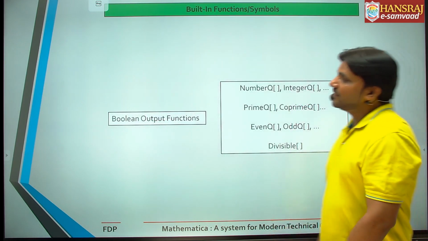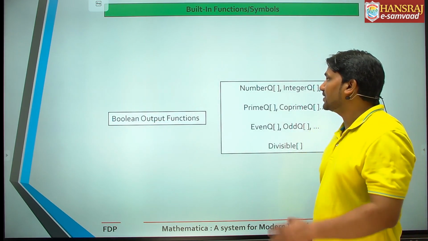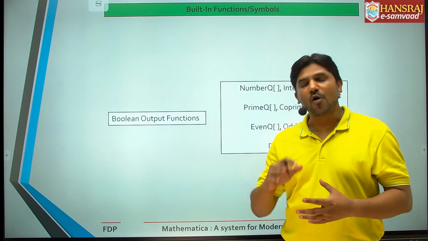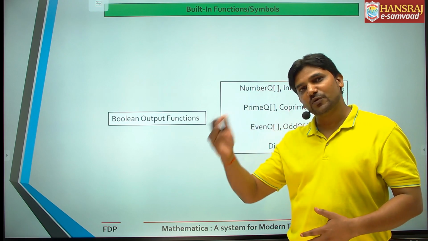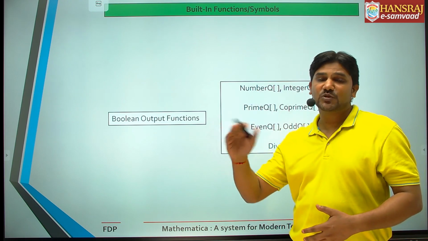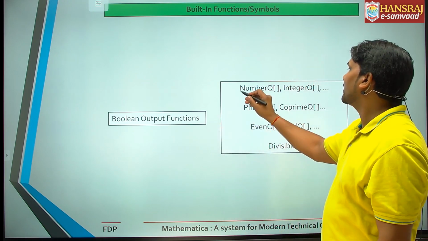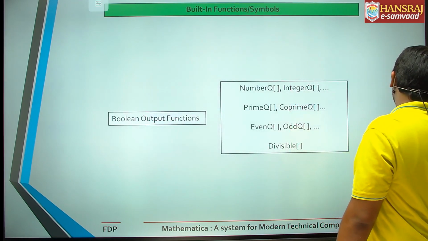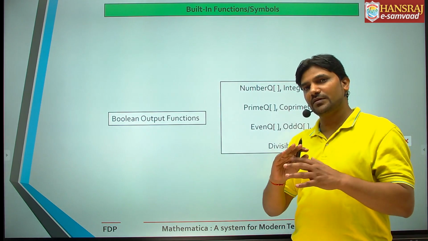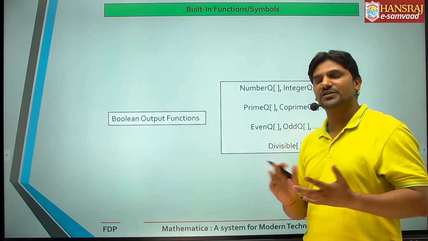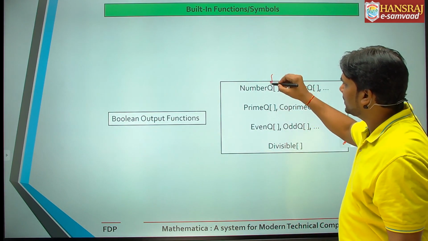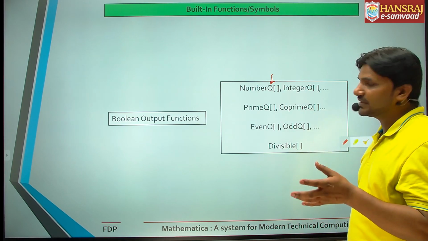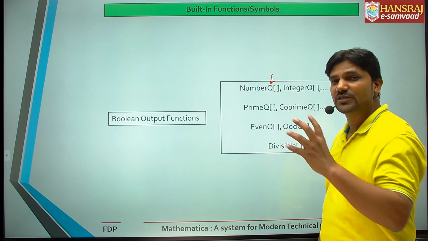Some other built-in functions are Boolean output functions. Boolean output functions means whenever you use these functions, your output will be in Boolean form, that means true or false. So NumberQ means whenever you see the Q word, in mostly I can say 90% of functions, whenever you are using some Q there, it will be easy to understand that it will give you some Boolean output.